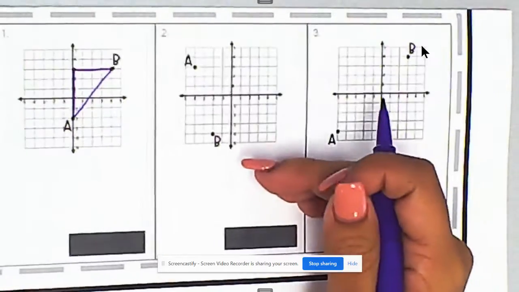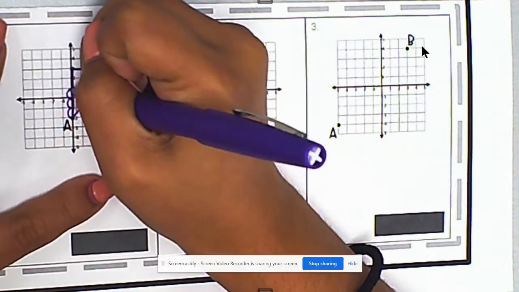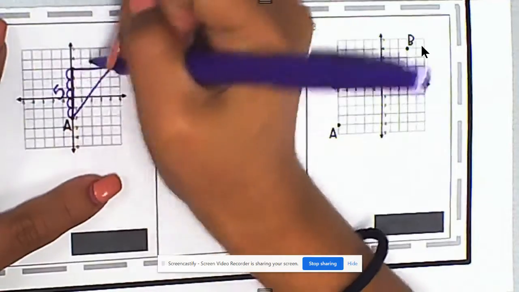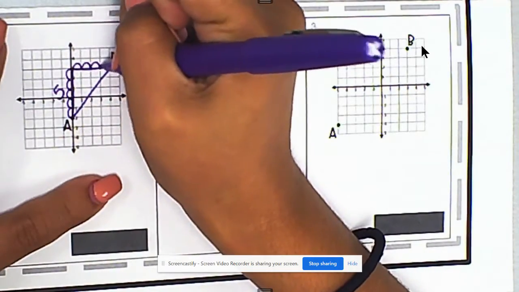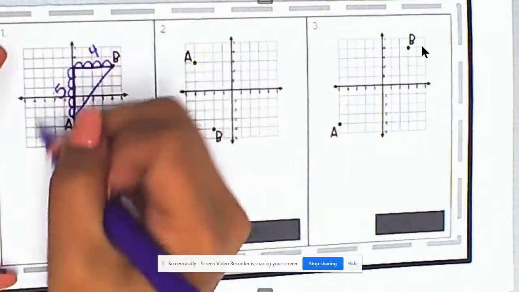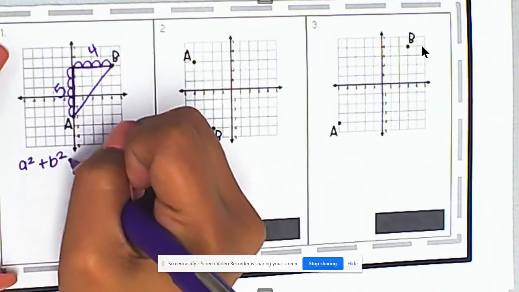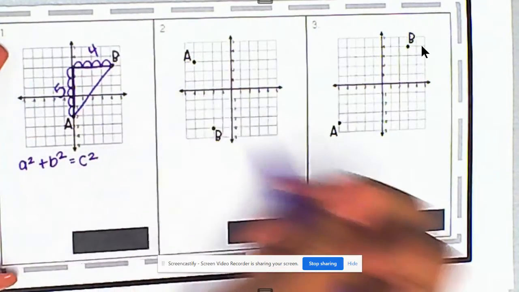Now I'm going to count my legs. That's 5. That's 4. Okay, so then I'm going to do my Pythagorean theorem. Start with the formula. A squared plus B squared equals C squared.